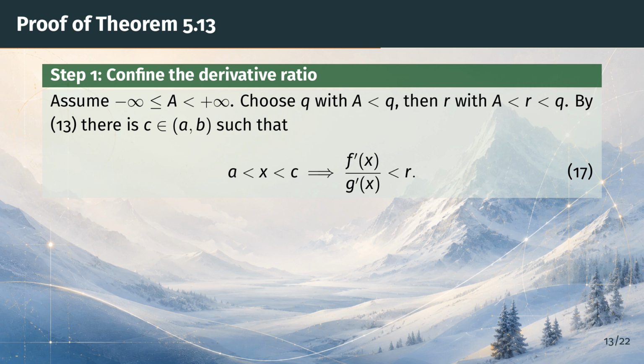Because the quotient of derivatives tends to a and r is above a, the quotient is eventually below r. Concretely, there is a cutoff point c, so that for every x between a and c, the derivative ratio f prime over g prime is less than r. This is inequality 17. Next, we push this bound from derivatives onto the functions.